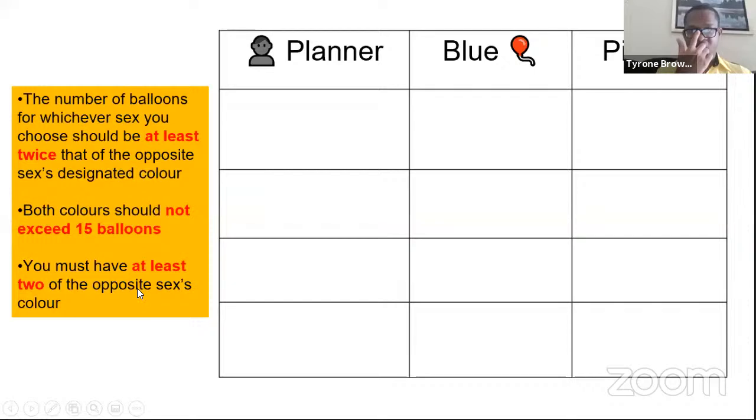Firstly, we know that we are planning for either boys or girls. So let's see in the chat, who do you want us to plan for, the boys or the girls? Are we planning a boy party or a girl party? I thought we were planning your party. Well, might as well.